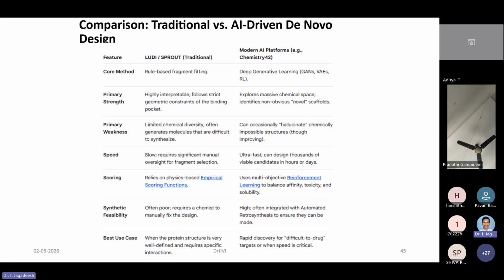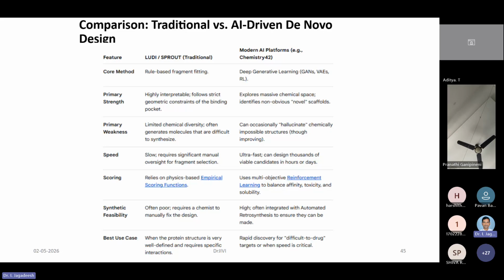Scoring. The traditional approach relies on physics-based, empirical scoring functions, which we can check in the laboratory, and the mathematical phenomena we can work out with logic. But the AI approach has multi-objective and reinforcement learning, with creative algorithms which provide new iterations, and it brings the best solution to balance affinity, toxicity, and solubility.